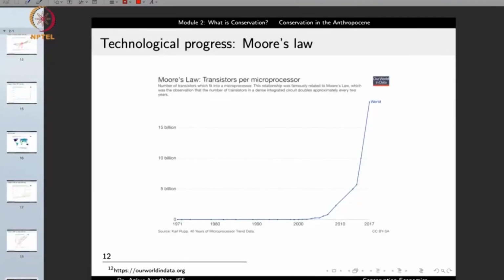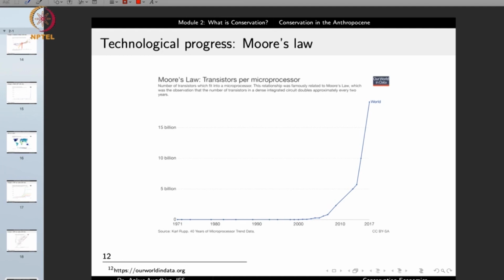Now, let us have a look at the T component, the amount of technology that is available to the society. We can use certain indicators to assess the rate of technological progress. So we can look at Moore's law.